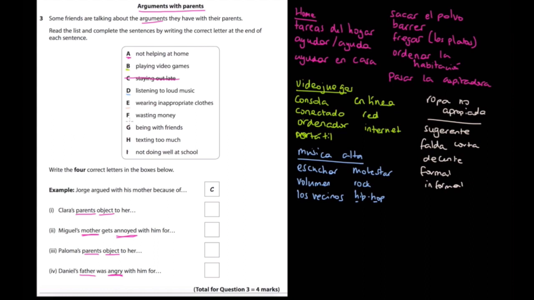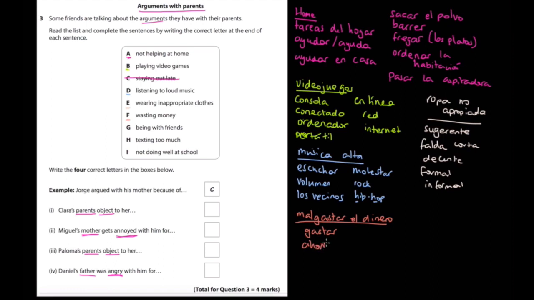Another possibility, wasting money. Wasting money is malgastar el dinero. So I might hear malgastar el dinero, or I may hear just gastar, and then they might tell me ways that are not clever ways of spending.